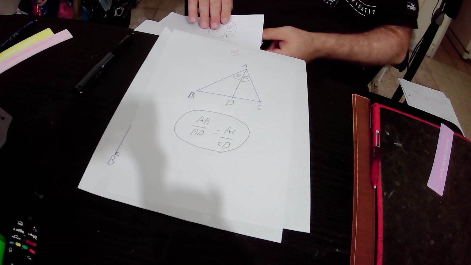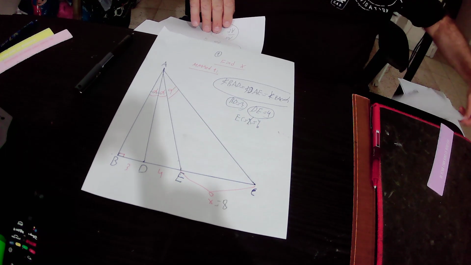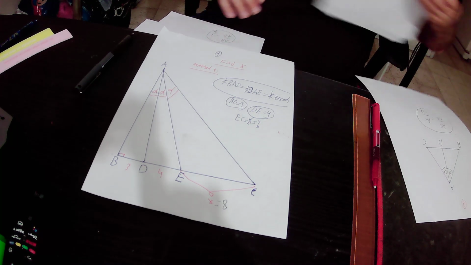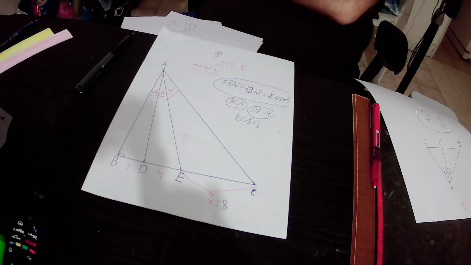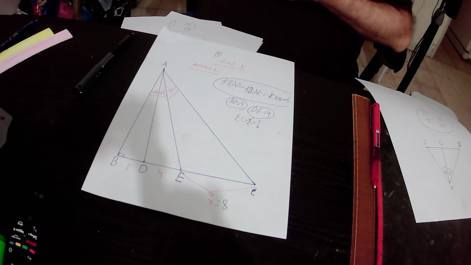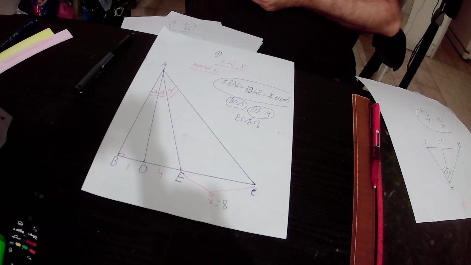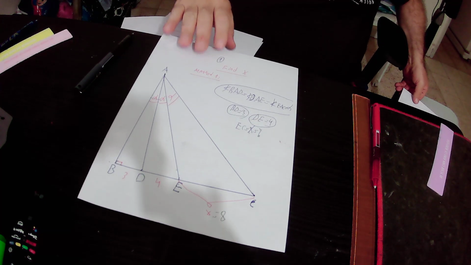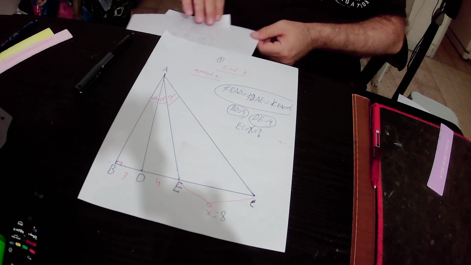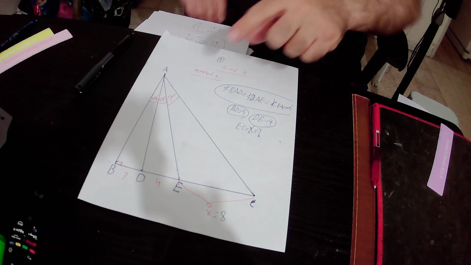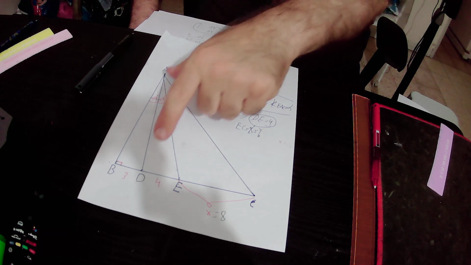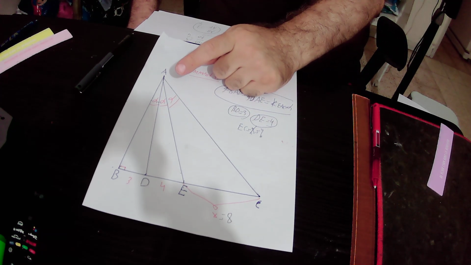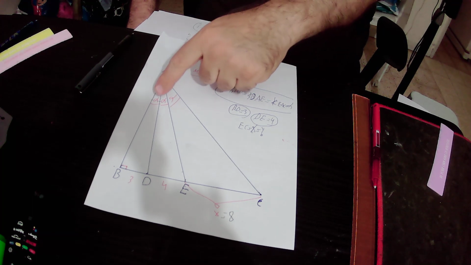So actually in triangle ABE, AD is an angle bisector because it divides angle BAE into 2 equal parts, alpha and alpha.